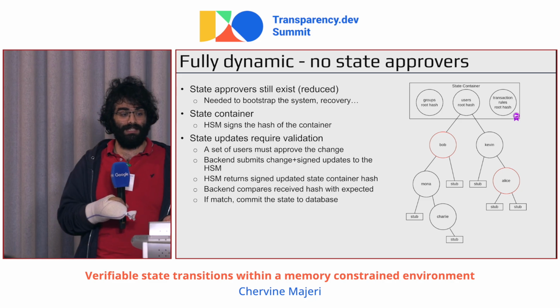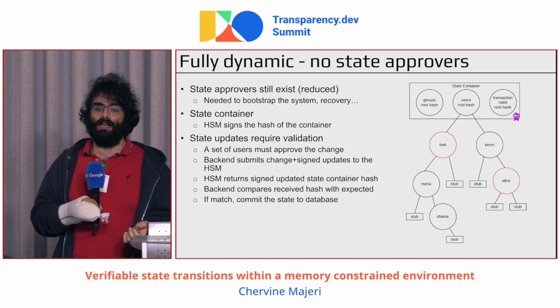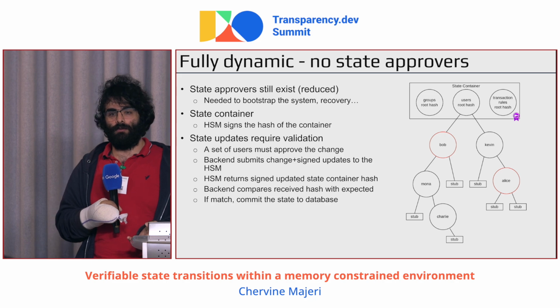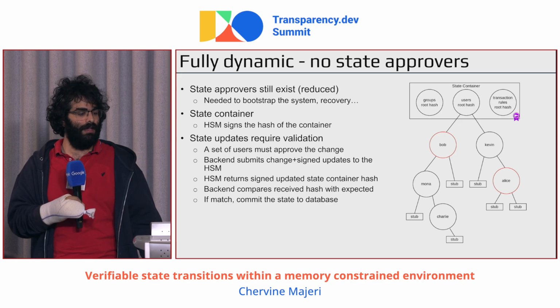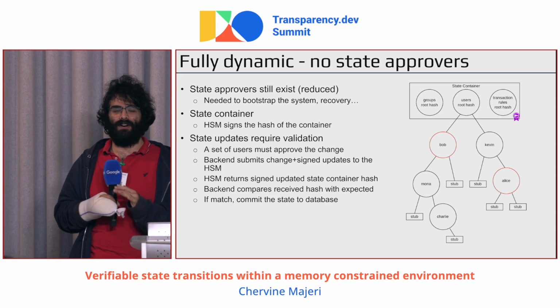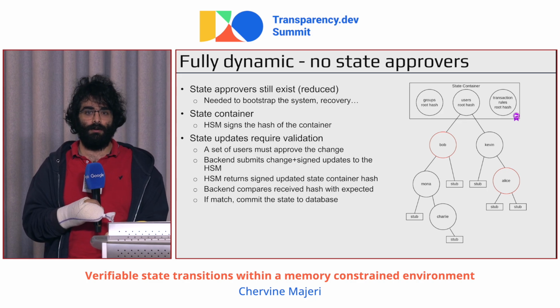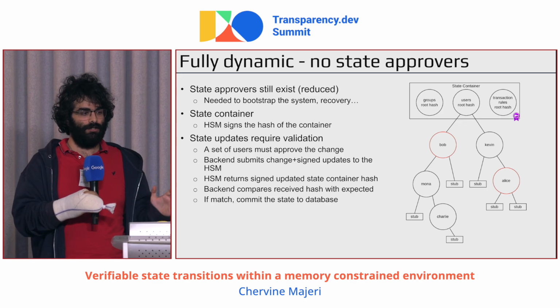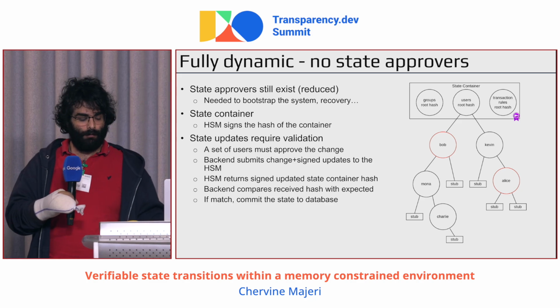And that lets us essentially turn an HSM with 2 megabytes RAM, no static storage, into a database, which is very, very nice because we can start enforcing a variety of checks that we would have never been able to enforce before, all essentially right where the keys live.